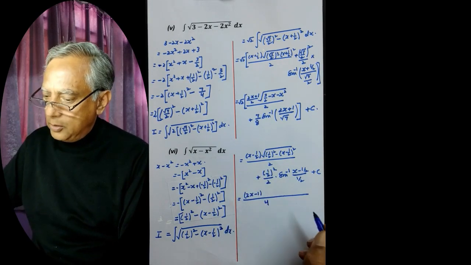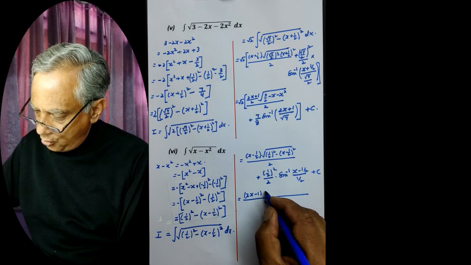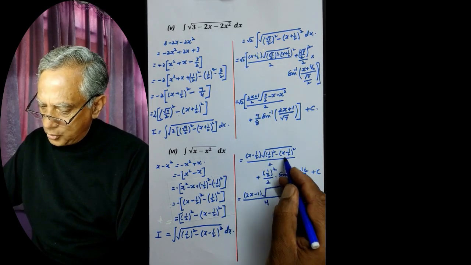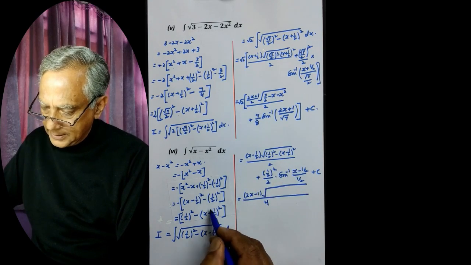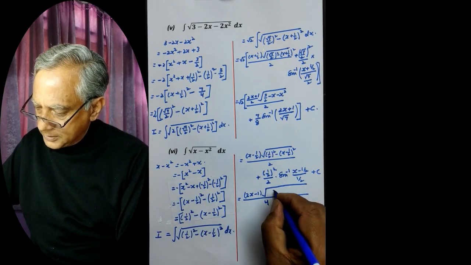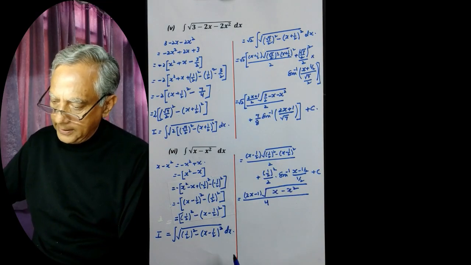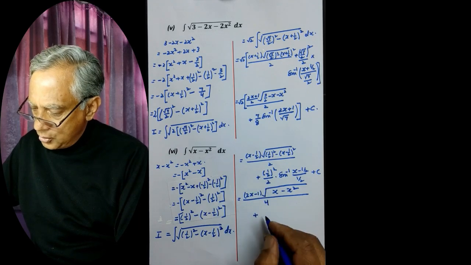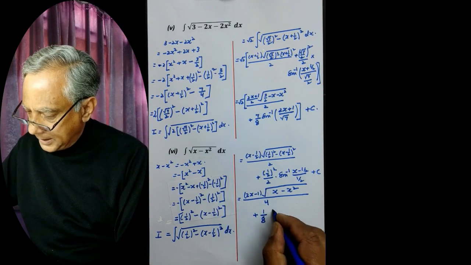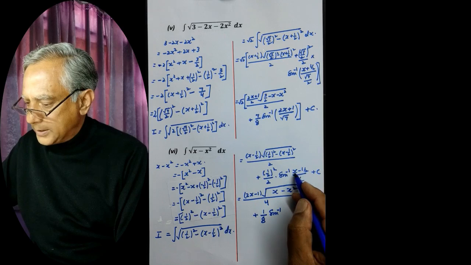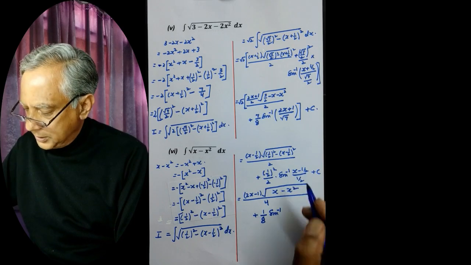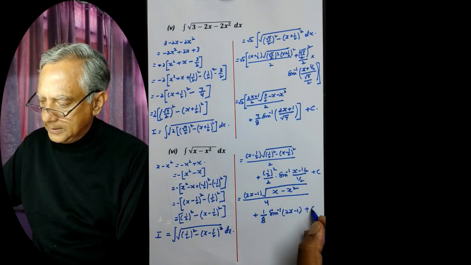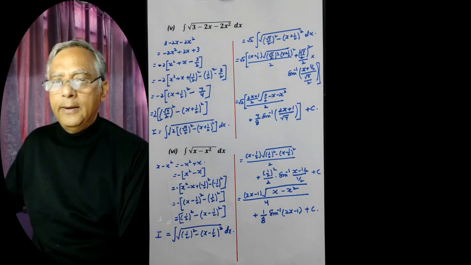So this will be 4 into under the root (1 by 2) whole square minus this, which is x minus x square, plus 1 by 4 by 2, that is 1 by 8, sine inverse of (2x minus 1 by 2) over 1 by 2. So this will be 2x minus 1, plus c. So this is the answer.